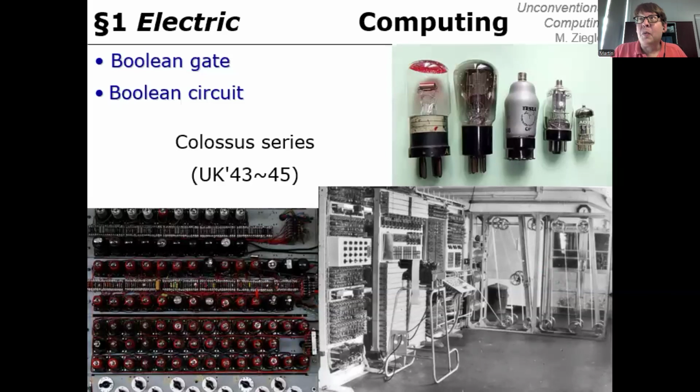Because after the war, after Germany had lost the war and England, the United States and Russia together had won, all instances of the Colossus computers were dismantled into such small pieces that it was impossible to recover the original.